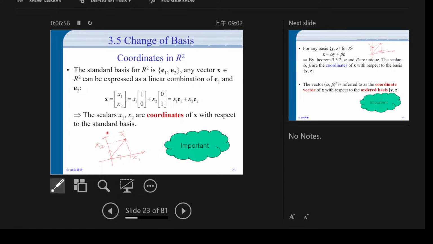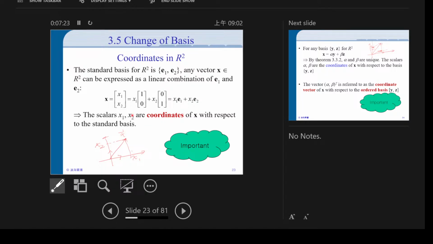And these x1, x2 are what we call the coordinates. This is the origin of the coordinate concept, and we'll keep talking about it in this section. The numbers x1 and x2 are the coordinates of the vector x.